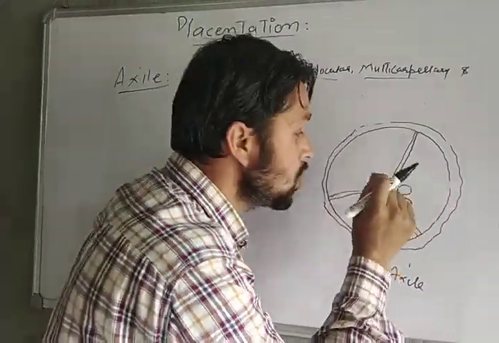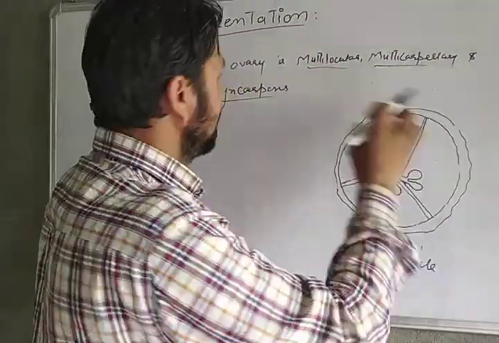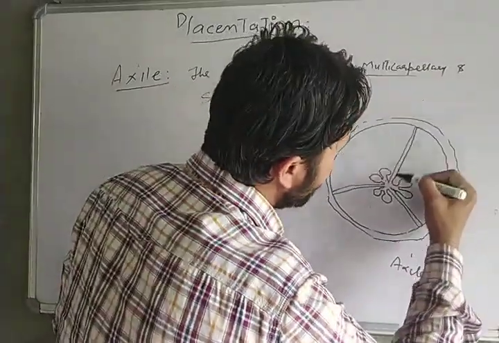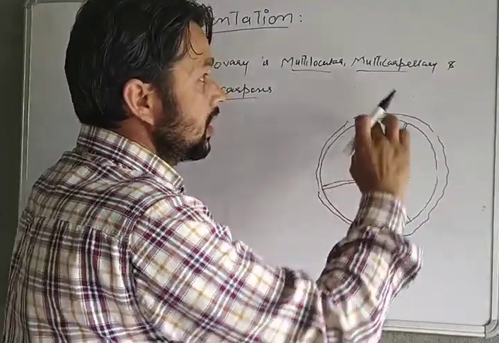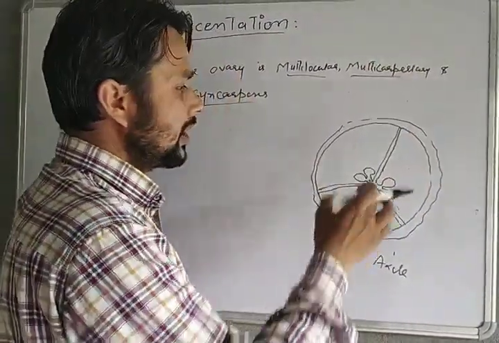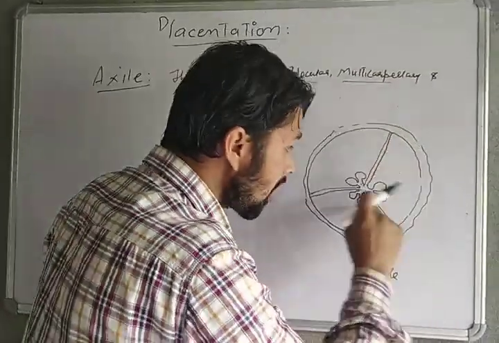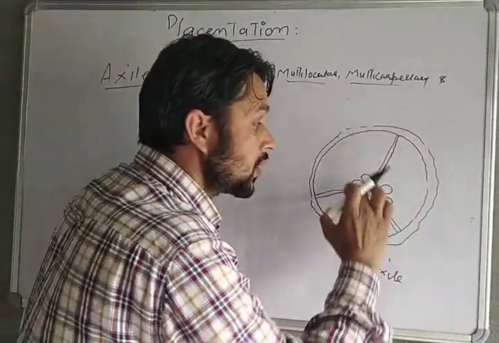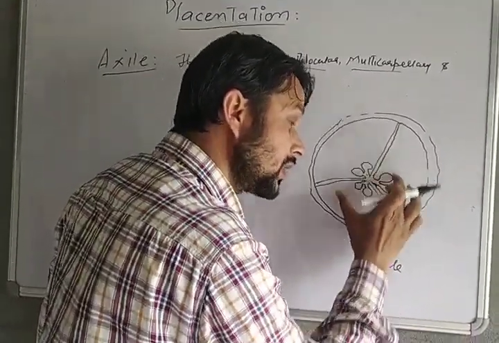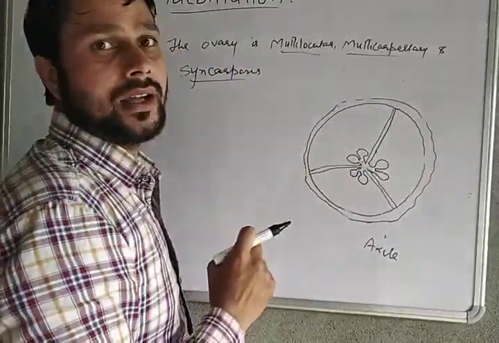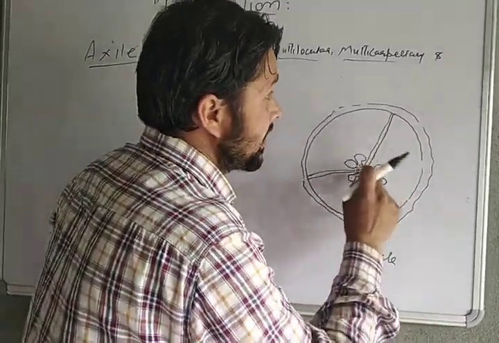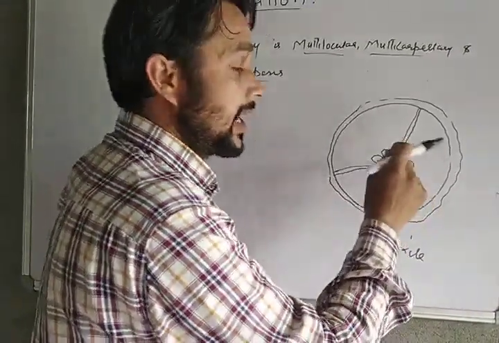Which represents the ovules. Okay, so in axial placentation there is a multilocular condition with multicarpellary and syncarpous ovary. These carpels fuse with margins at the center and develop the placenta, and this placenta represents the ovules there at the center.